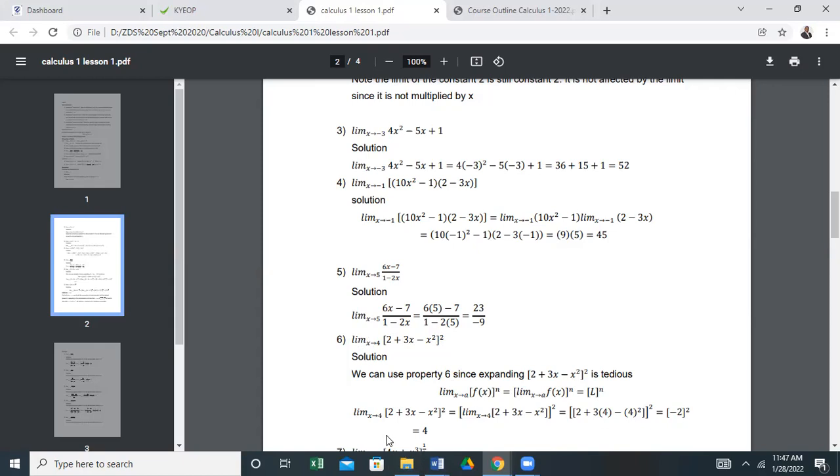So this will be 2 into 3, and our x is 4. So that is 12, and then 2 plus 12 minus x squared. Our x squared will be 16.